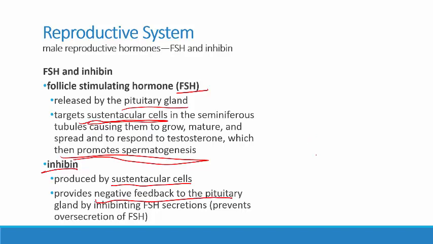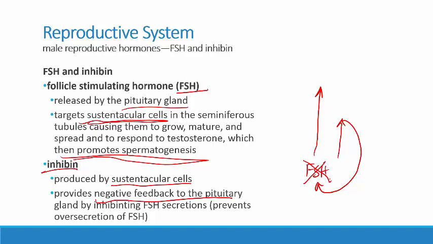As FSH production increases, inhibin production will increase and feed back on the pituitary gland, and in response, we'll see less FSH being produced.